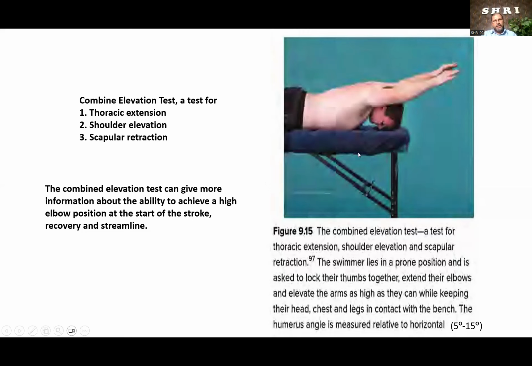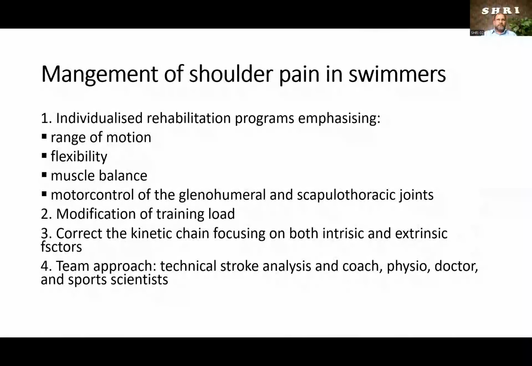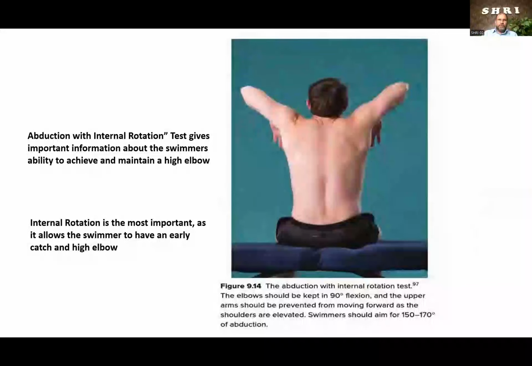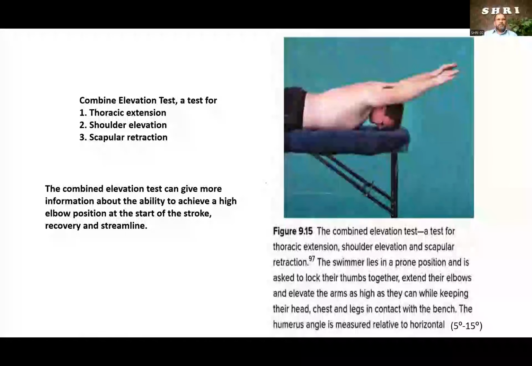This elevation is very important for the streamline, to keep the body lean in one line. Right. So these are the two tests we do. One is abduction with internal rotation to see whether they can maintain a high elbow. The other one is the combined elevation test, a test for thoracic extension, shoulder elevation, and scapular retraction.